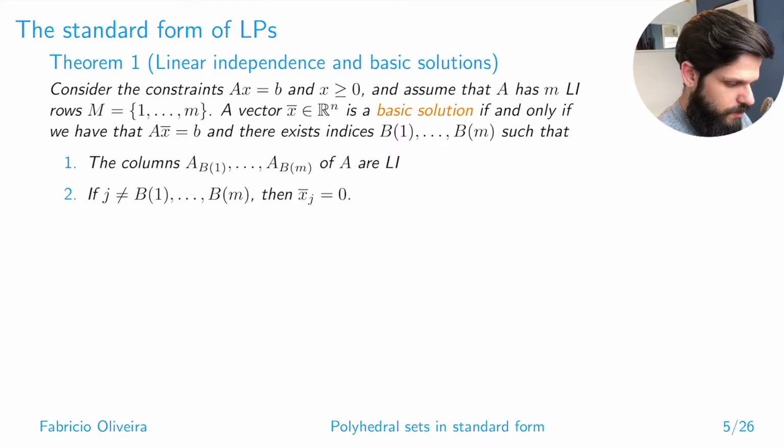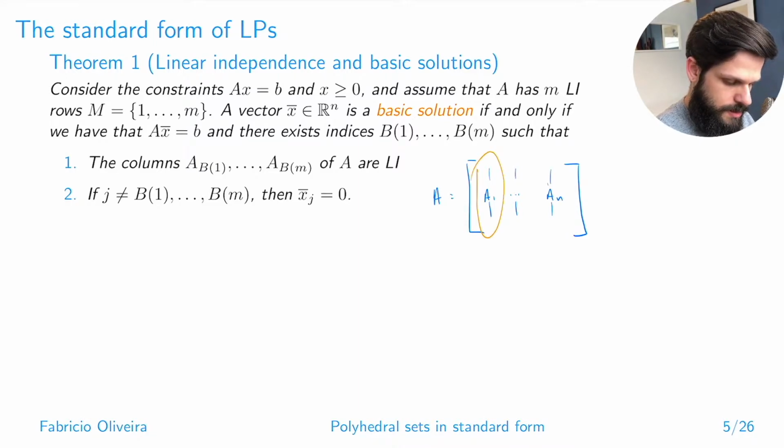So basically what this is saying, and we'll see this picture quite a few times, is that I look at A, my matrix that has my columns like so. That could be A1, all the way to An. And then I'm selecting, say, this one, so B1 is 1. Suppose I'm getting another one here, B2 is, I don't know, n minus 1. So I'm picking columns.